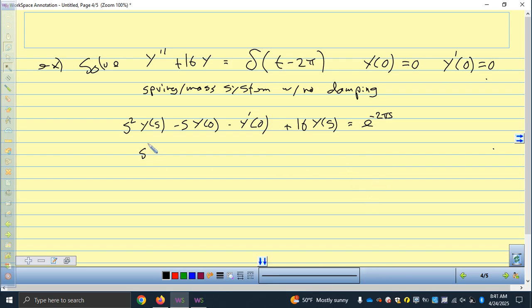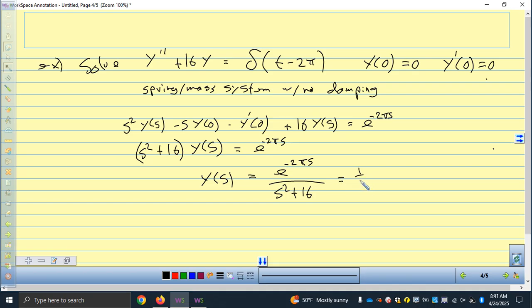So we get s squared plus 16. y of s equals e to the minus 2 pi s over s squared plus 16. And I'm going to fix this up a little bit.